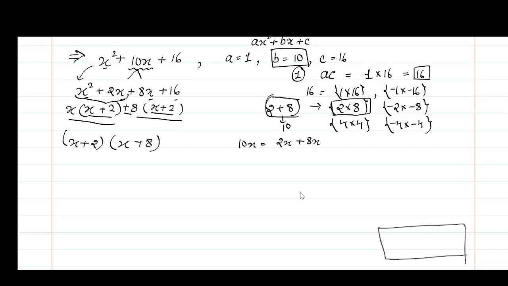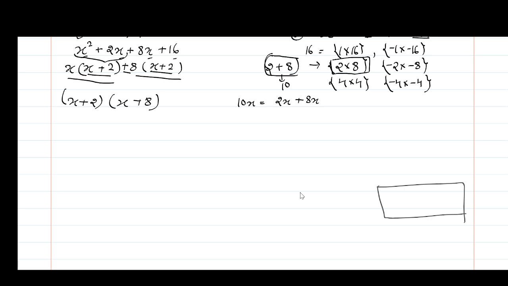Now let's do one more example. Let's say x square minus 3x plus 2 equals 0. Alright, first of all we know a is 1 here, b is minus 3 here, and c is 2.